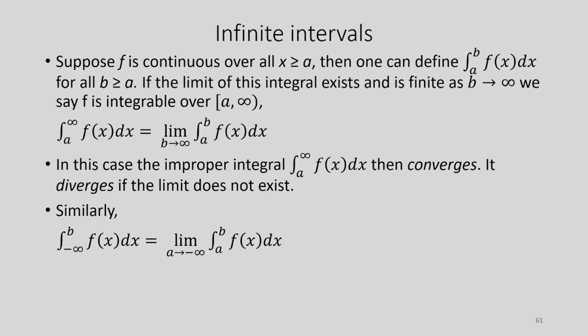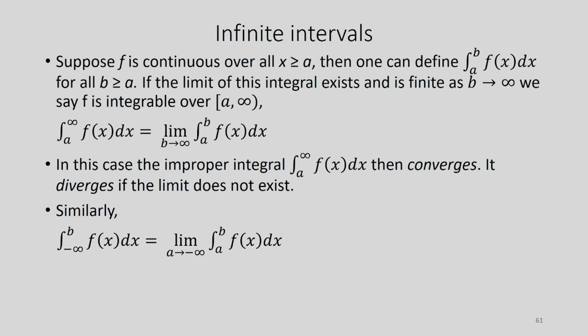Infinite integrals. Suppose f is continuous over x greater than or equal to a, then one can define integration of f(x) dx, where the limits are a and b, for all b greater than or equal to a.